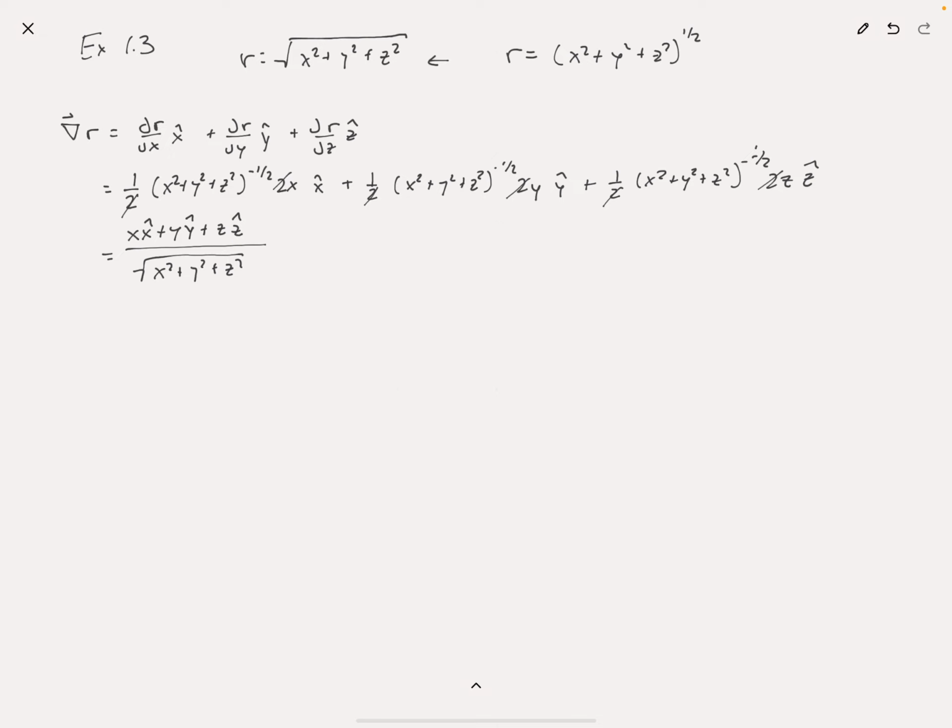All right. We know what our position vector looks like from previous videos. This is just the position vector. And this is the magnitude of that position vector. So the gradient of the magnitude of my position vector becomes r hat.